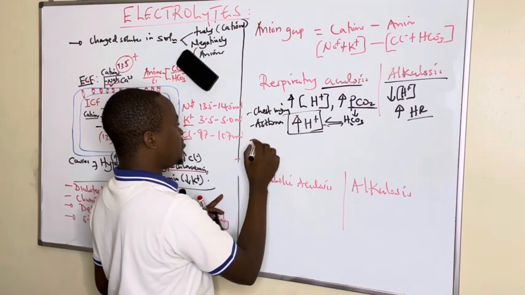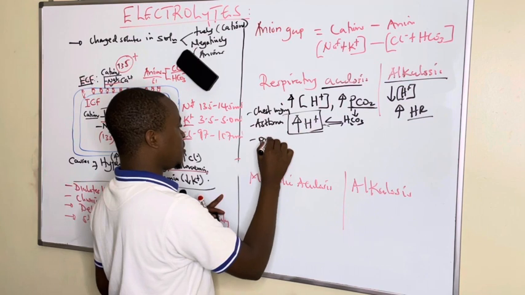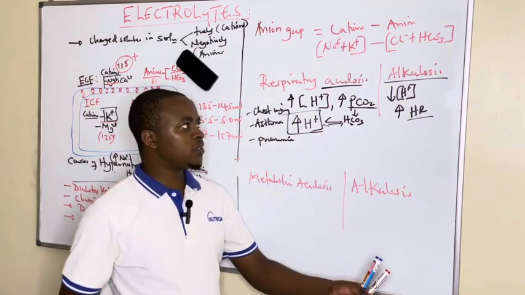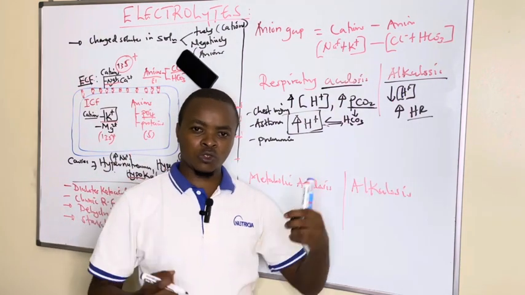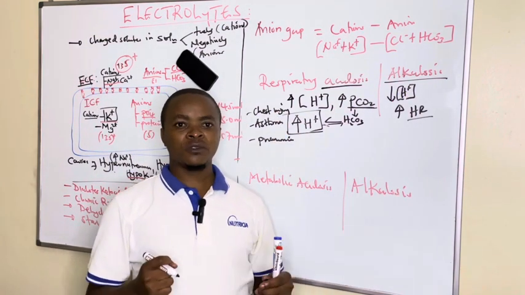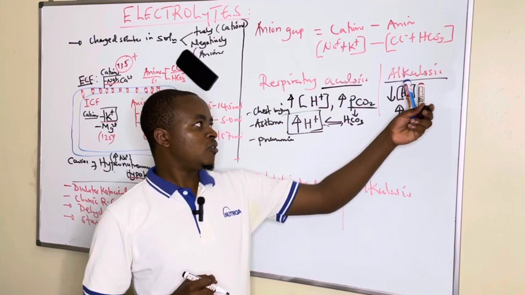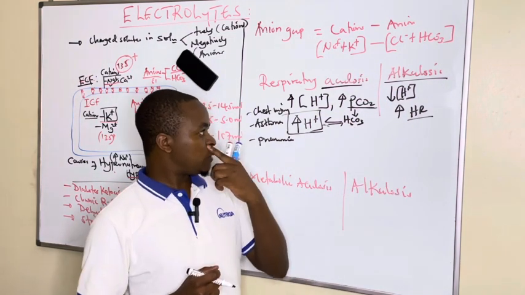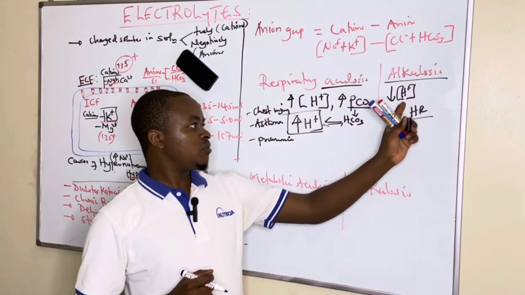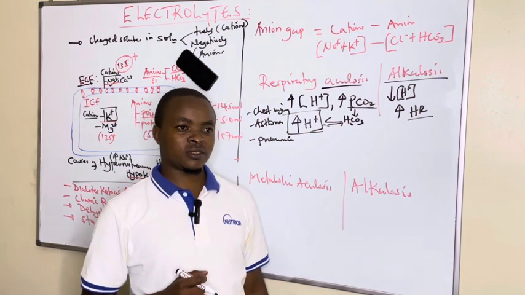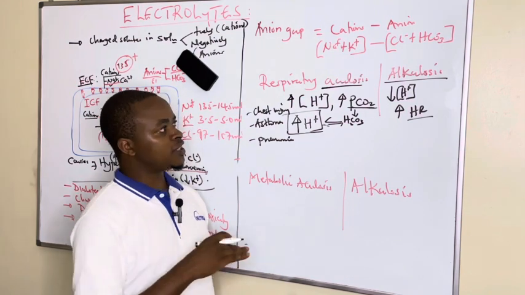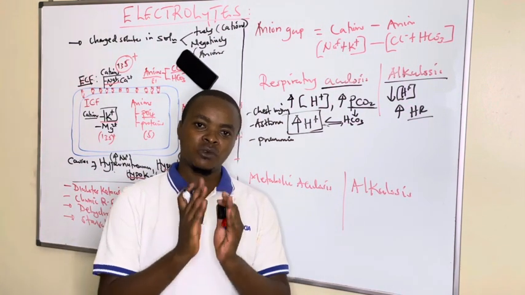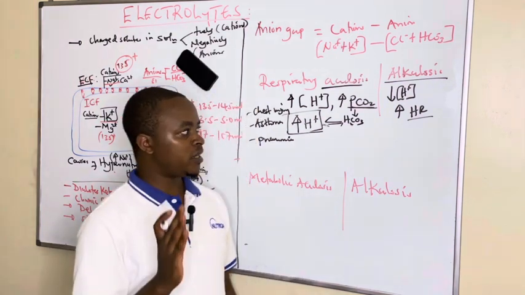You have maybe pneumonia, and there is no breathing normally. That one leads to acidosis, whereas alkalosis is due to over-breathing, whereby you deplete the carbon dioxide, leading to reduced partial pressures of carbon dioxide, which leads to reduced hydrogen ions. So respiratory acidosis versus alkalosis are defined in terms of partial pressures, which brings about hydrogen ions.